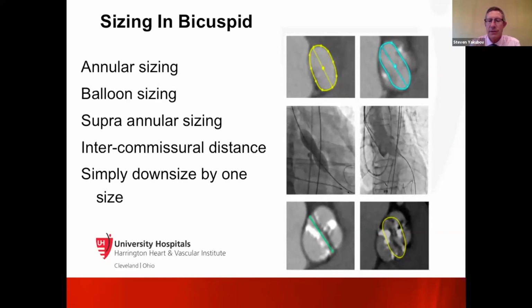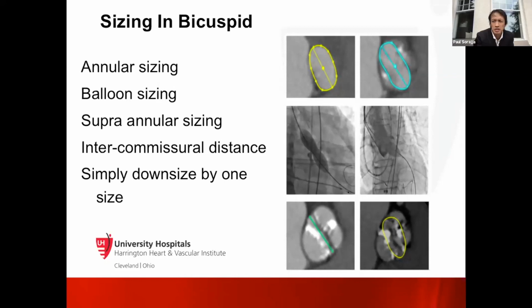And the other consideration, depending on how much LVOT calcification there is, a Lotus would be my second choice. But this sizing might be a little bit too big for Lotus. But I definitely would consider a self-expanding as my very first choice. And do you go at the annulus or above the annulus, Steve, for your sizing? Annulus. At the end of the day, we take everything into account, but the annular sizing is what I usually go by.